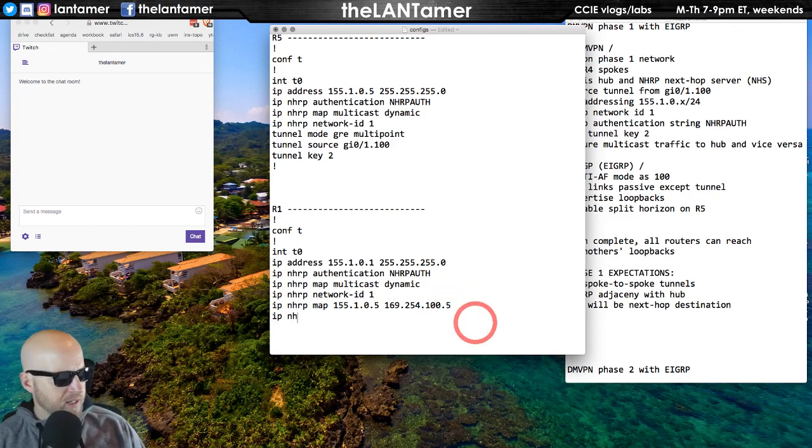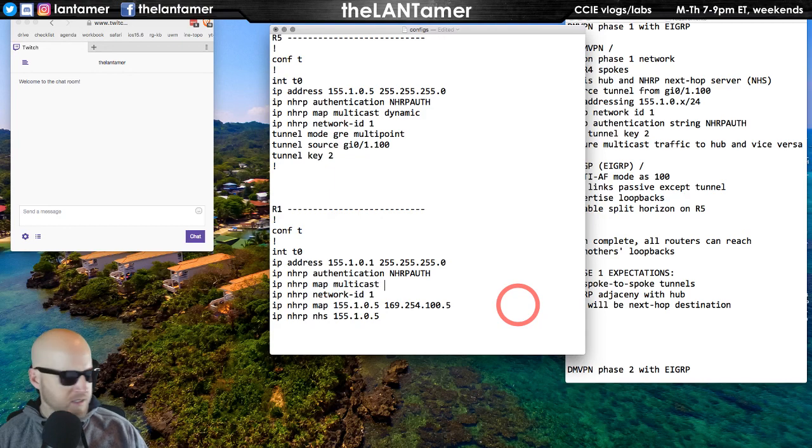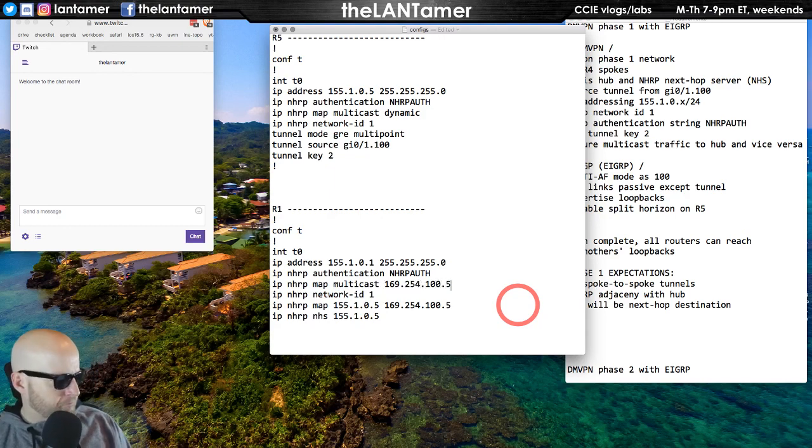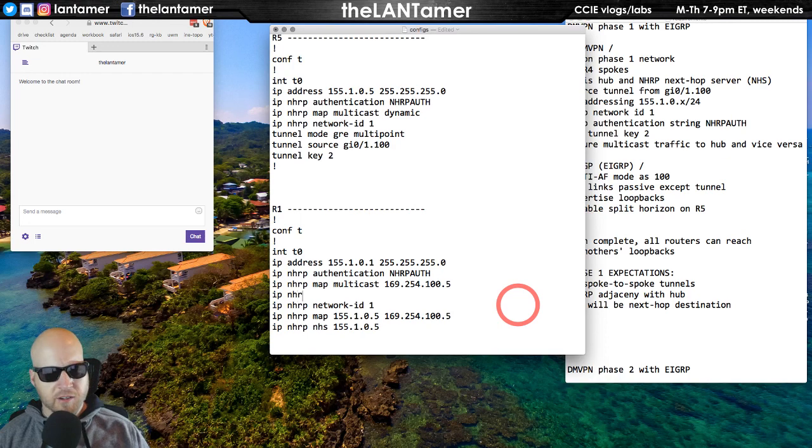Then we say IP NHRP next hop server is 15.1.0.5. And in this case, the multicast, IP NHRP map multicast, same, right? And then we also have IP NHRP map multicast dynamic.